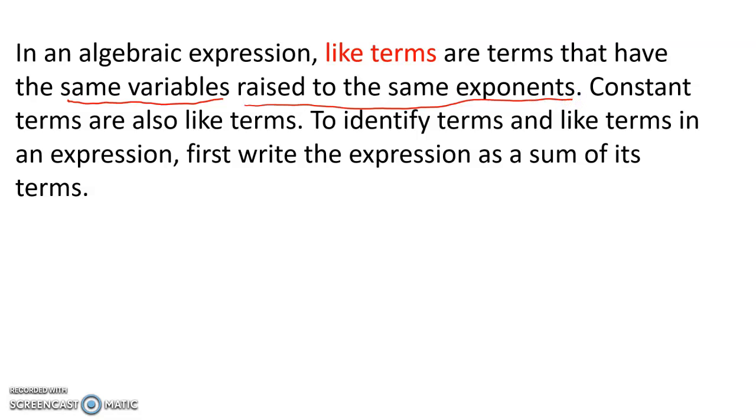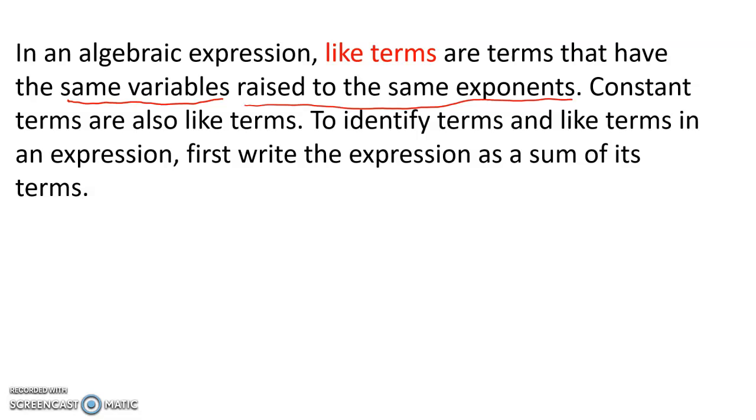So they have to have the same variables, like x squared and an x squared, or y to the third power and 4y to the third power. They have to have the same variable and the same exponent. Constant terms are also like terms. So if they don't have any letters with them, you can combine the numbers.